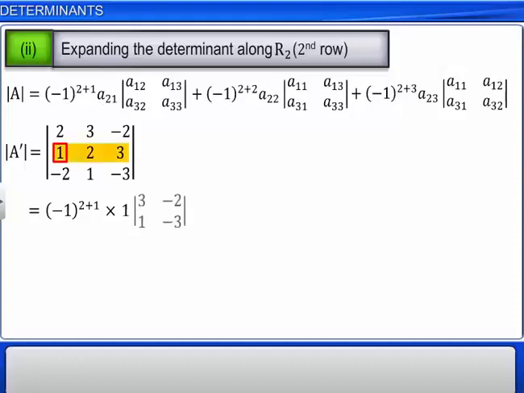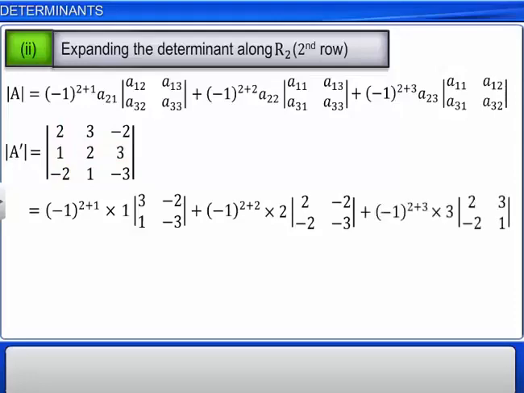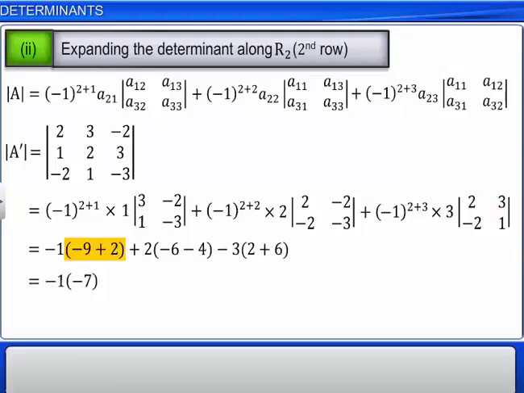Similarly, the other 2 terms can be obtained. On simplifying, we get determinant of A' is equal to minus 37.